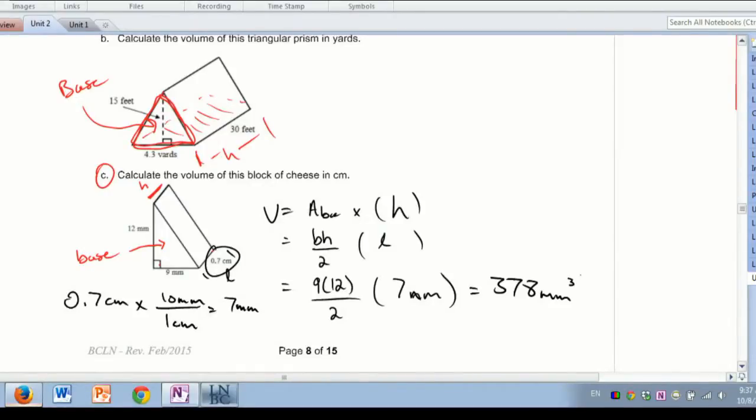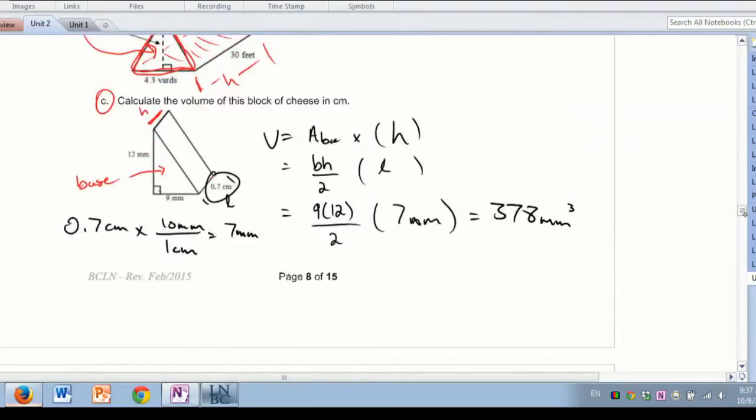And then I need to convert that into centimeters. Or I could have taken everything at the beginning and converted it. This is where these things get tricky. So if you'd done it this way, you take this 378, you might absolutely hate this.